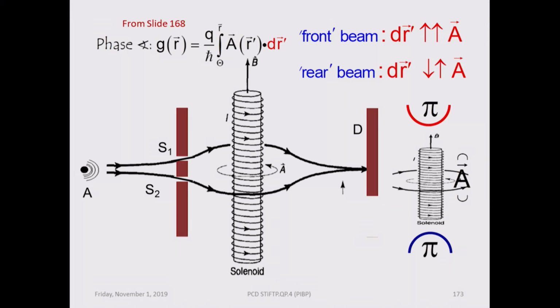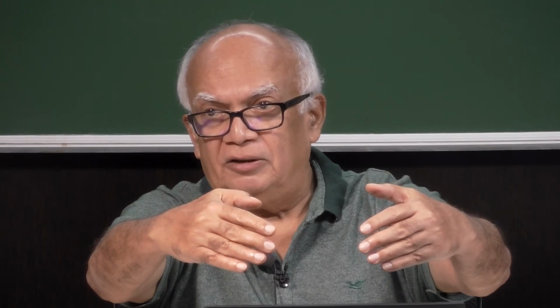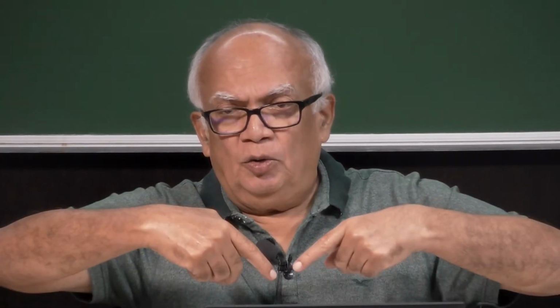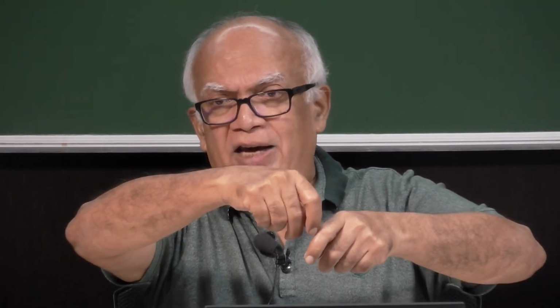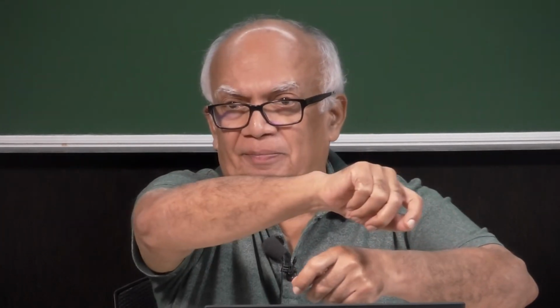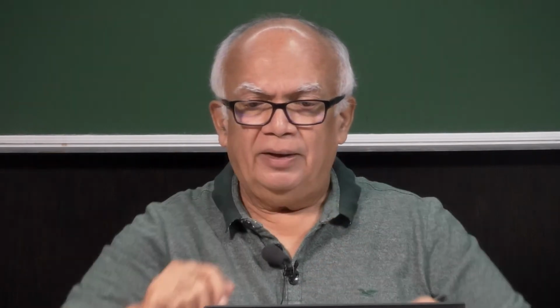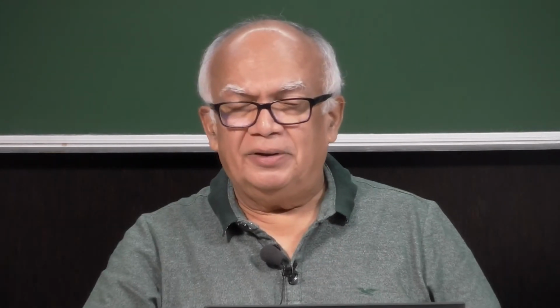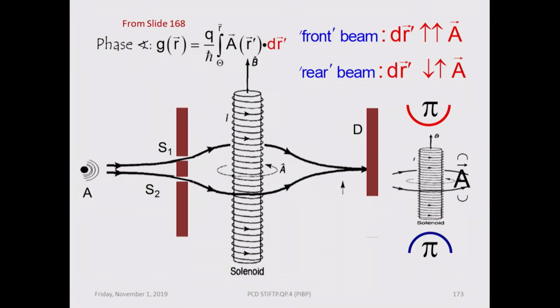So, A dot dr, dr is the vector displacement, and delta r has got opposite signs, and on one side it goes in half a circle, in the other it goes in half a circle. Okay? So, if you draw a line from the center, this line is going to sweep an angle of pi, okay, on one side, and also pi on the opposite side, but with a minus sign.